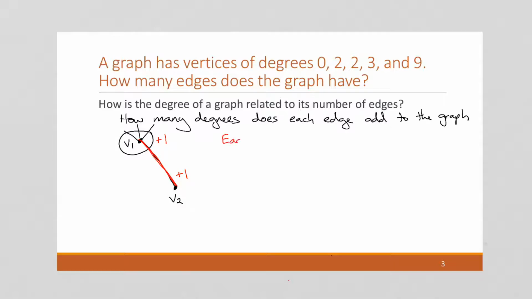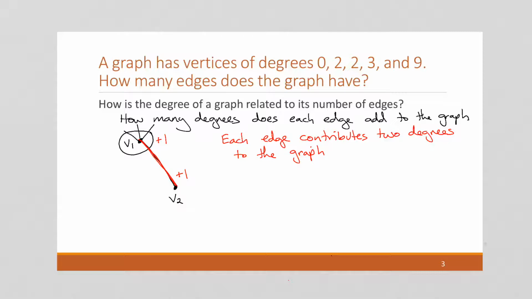So each edge then contributes 2 degrees to the graph, 1 for each endpoint. And this also helps explain why loops contribute degree 2. It's 1 for each end of the edge.